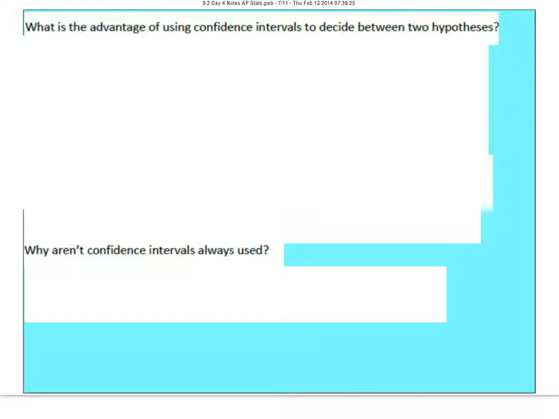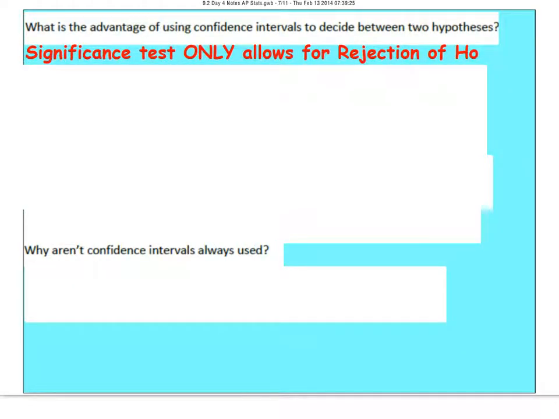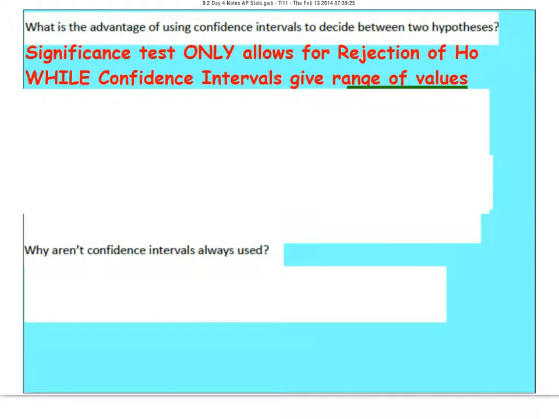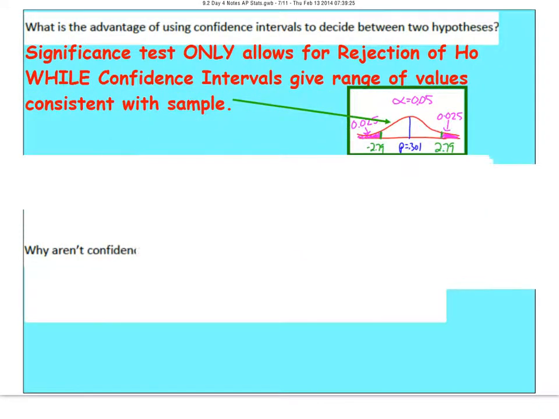Now remember at the beginning of this video I said instead of a two-sided hypothesis test, we could construct a confidence interval instead. What advantage would it be to actually construct a confidence interval versus doing the test? Well, a significance test only allows for rejection of H sub O, while a confidence interval actually gives us ranges of values consistent with the sample.